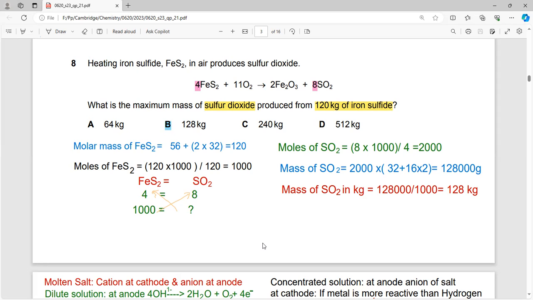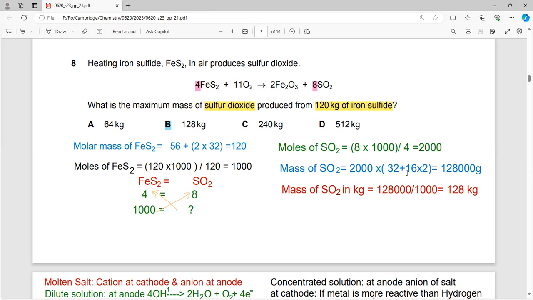You can directly find it, but if the same question comes in Paper 4, you have to calculate. So the mass of the sulfur dioxide: we got the moles, that's 2,000. We want to convert these moles of sulfur dioxide into mass. So mass will be moles multiplied by molar mass. The molar mass of sulfur dioxide: sulfur's relative atomic mass is 32, plus oxygen is 16 multiplied by 2, because there are 2 oxygens.